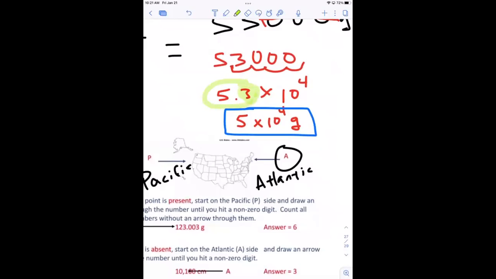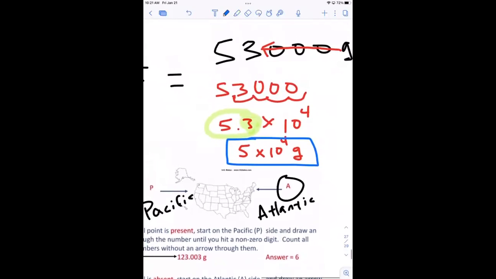Are we doing 10 to the 4th because of the decimal placement? Yes, because look at how many times I had to move it. The decimal is here, and I moved it 1, 2, 3, 4 times to put it here. Anytime you have a number in the 10,000s, that's going to be 10 to the 4th. If it's in the 100,000s, it'll be 10 to the 5th. If it's in the millions, it'll be 10 to the 6th.